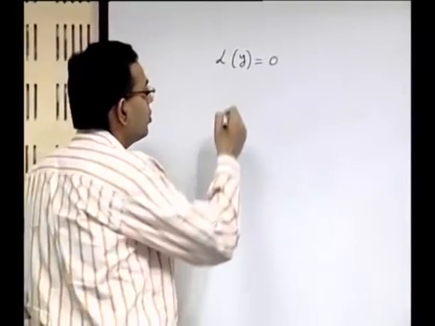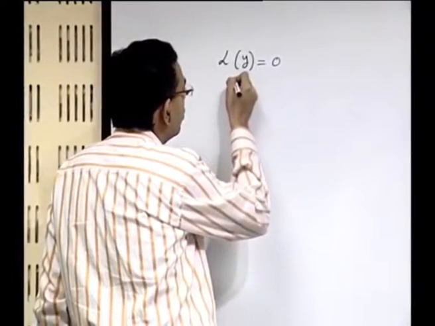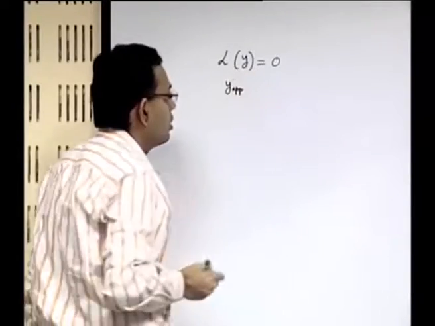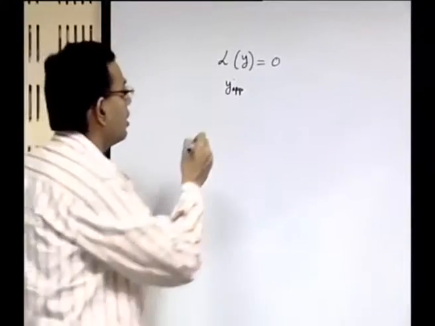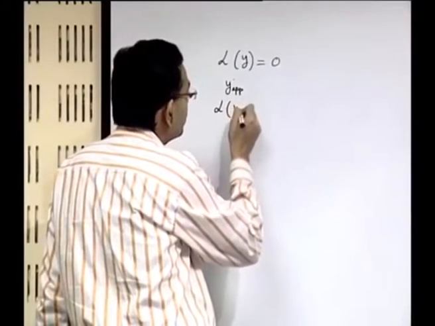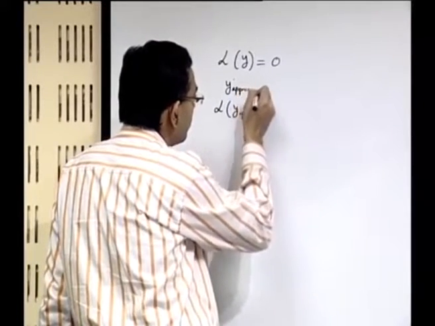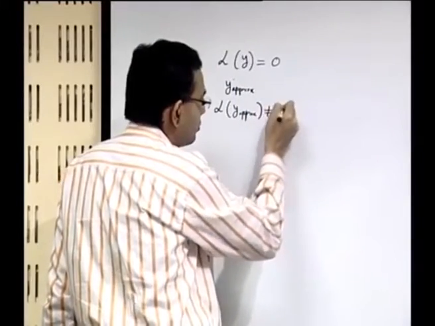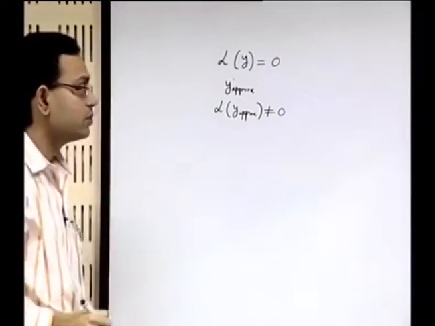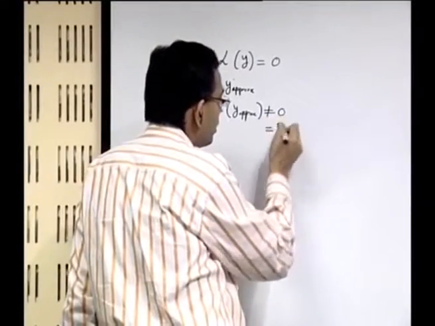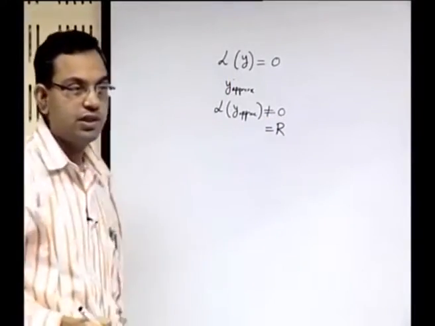So, if you now substitute y approximate, then L of y approximate will not be equal to 0, and we call this equal to some residual which is non-zero.